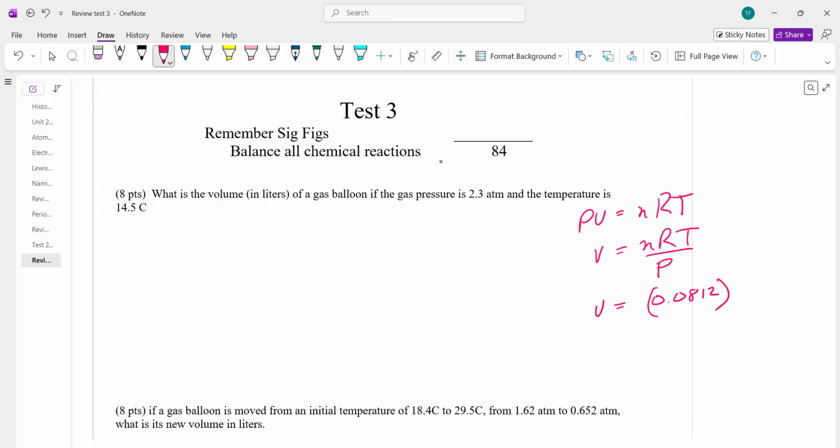Okay, and T is 287.5 Kelvin. Pressure is 2.3 atmospheres. That'll be the volume. Notice it's not STP, because at STP it would be 22.4. We're at non-standard conditions now.